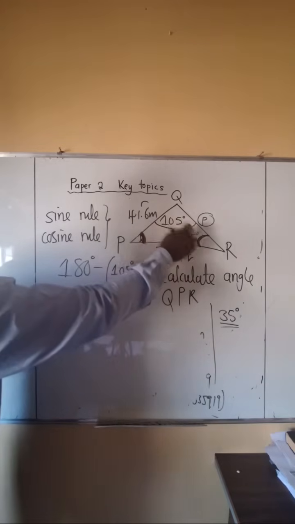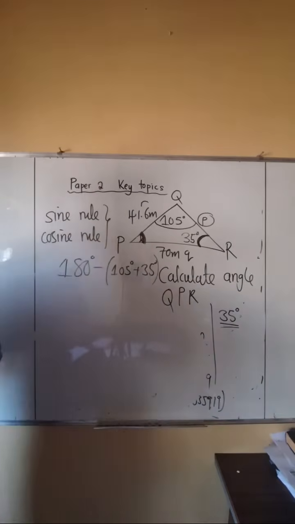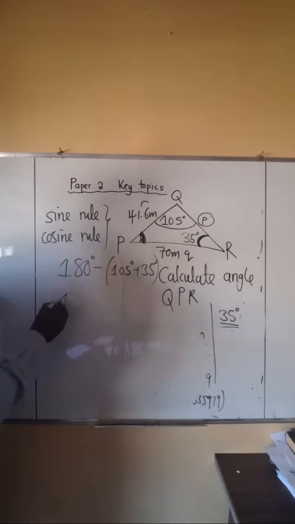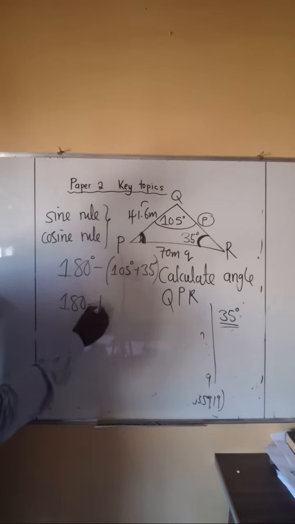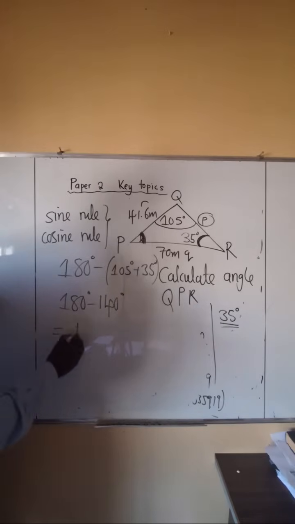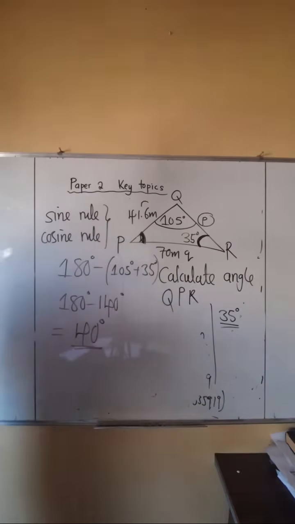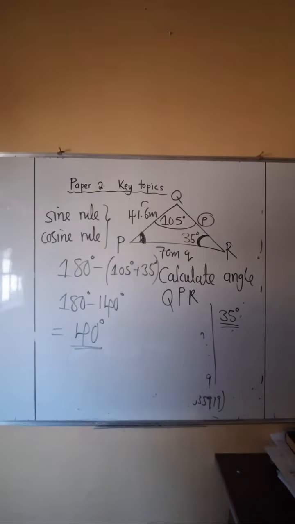When we add these two angles, we subtract their sum from 180. So 35 plus 105 is giving me 140. So 180 minus 140 degrees, this, of course, is giving us 40 degrees. Our answer is 40 degrees.